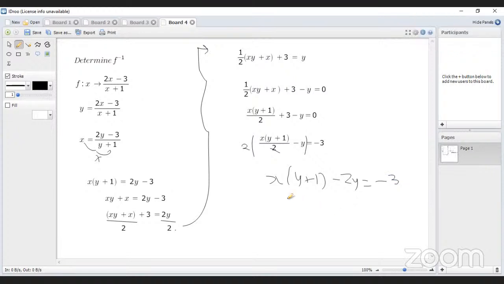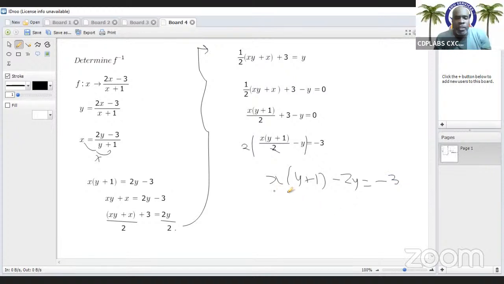So we divide both sides by x now. This must divide by x. And then we have now y plus 1 minus 2y equal to negative 3x.